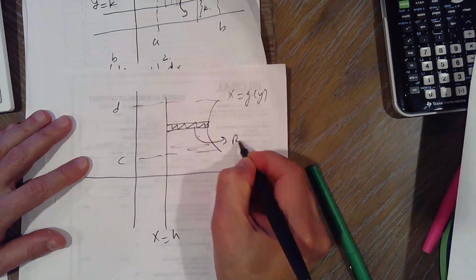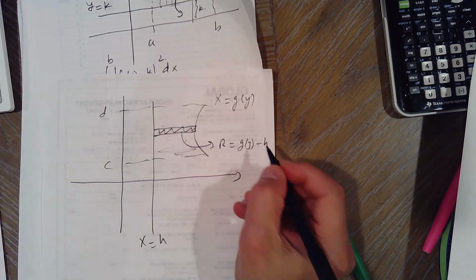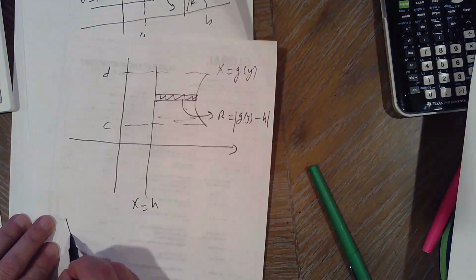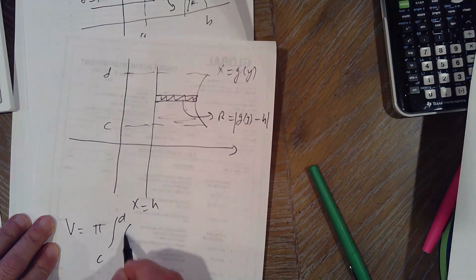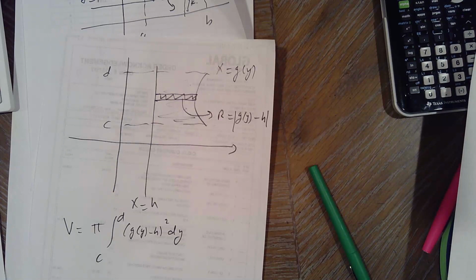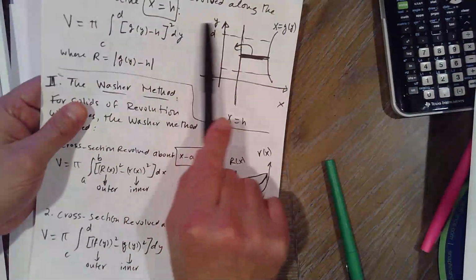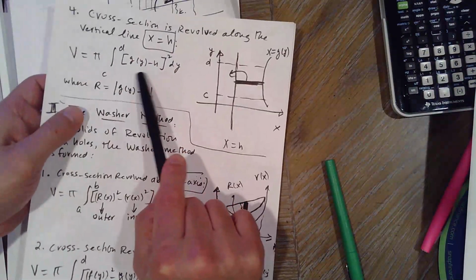This is the radius, and the radius is g of y minus h in absolute value, so the volume would be pi integral from c to d of g of y minus h squared dy. And again, these are right here in the handouts that I told you about: the cross section revolved about the line y equals k, and the cross section revolved around x equals h. Then we'll talk about the washer method, but let's see some examples of these two cases.